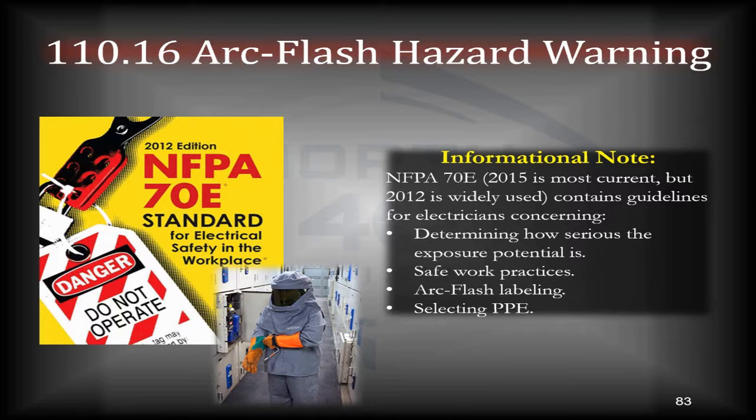So your next NFPA 70E, which is the electrical safety standard, will come out 1 year later in 2018. It contains the guidelines for the electricians when you're talking about determining exposure potential, safe work practices, arc flash labeling. It also gives great advice on how to select the appropriate personal protective equipment.